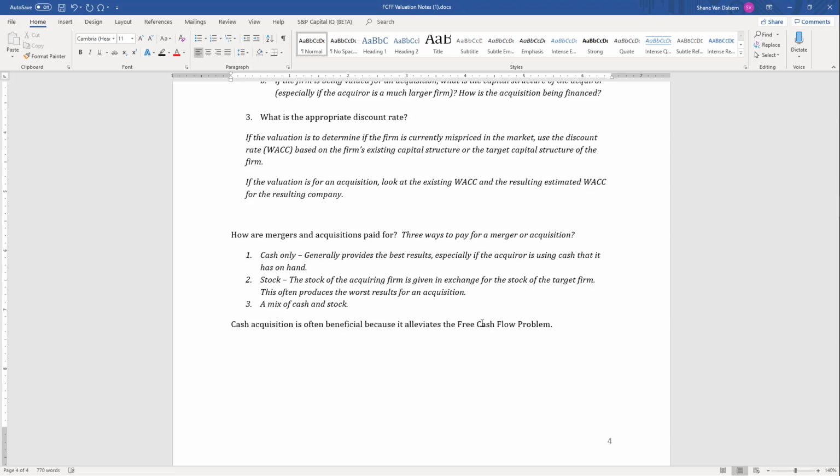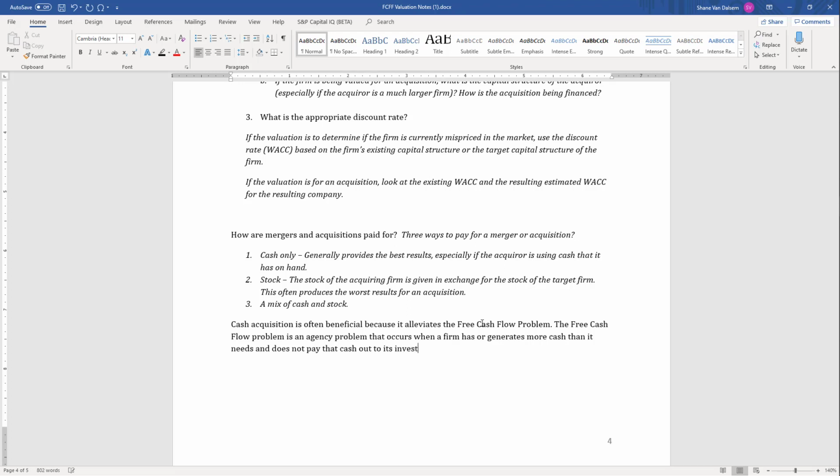So the free cash flow problem is an agency problem. That occurs when a firm has or generates more cash than it needs and does not pay that cash out to its investors.